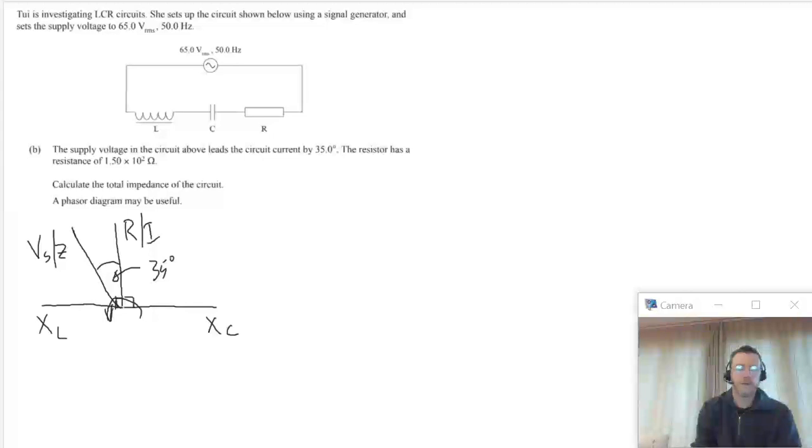Now we've got a solvable triangle for impedance, and for this side we have a value of 1.50 times 10 squared.